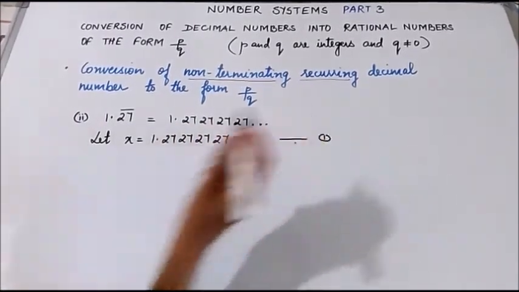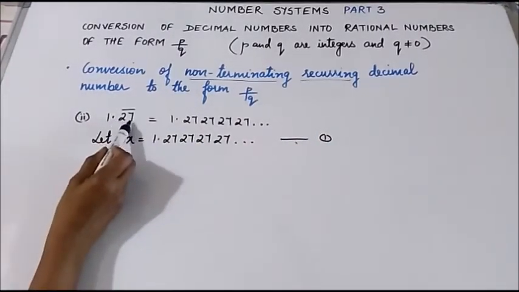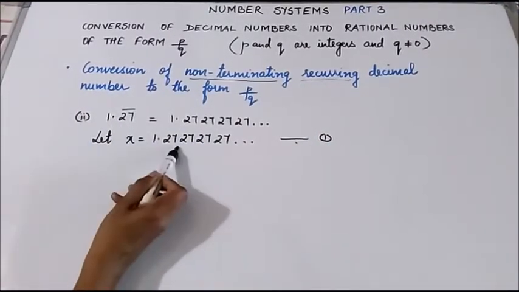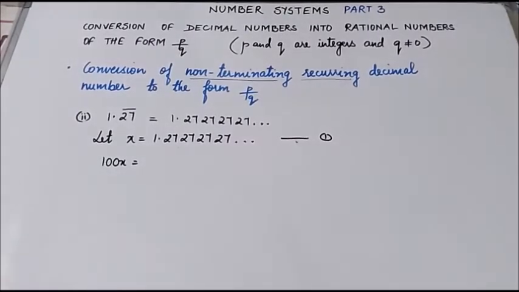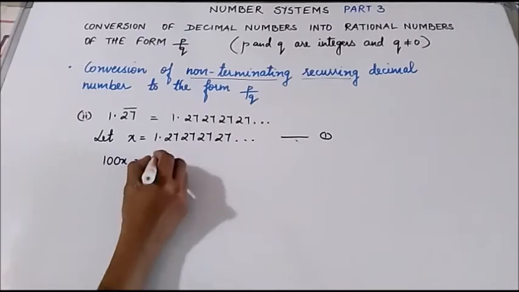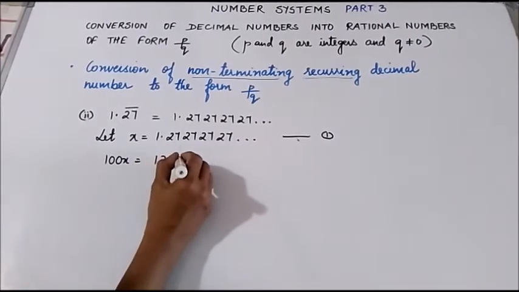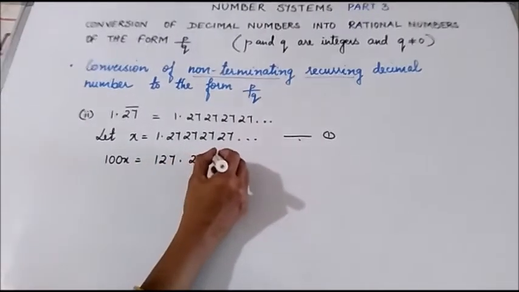This is the first one. Now under the bar, how many digits are there? 2 digits. So multiply both the sides by 100. Here we will get 100x, 100 multiplied by the given number, which gives us 127.2727.